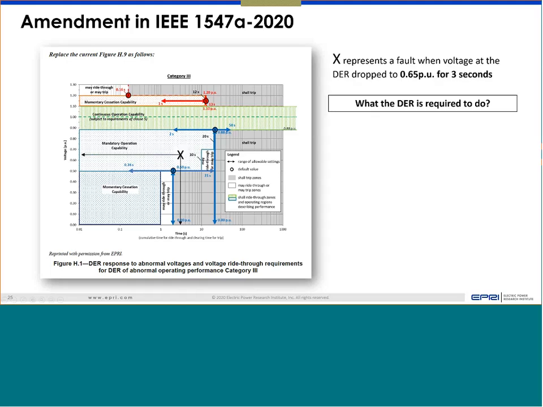What does that mean? So let's do an exercise. If X represents a fault, an event, which has 65% remaining voltage, so basically voltage dropped to 65% for 3 seconds, whether DR should trip or stay connected. Any answer?